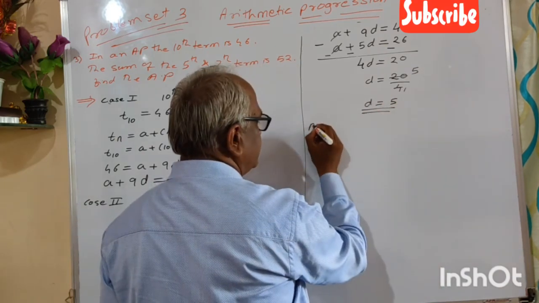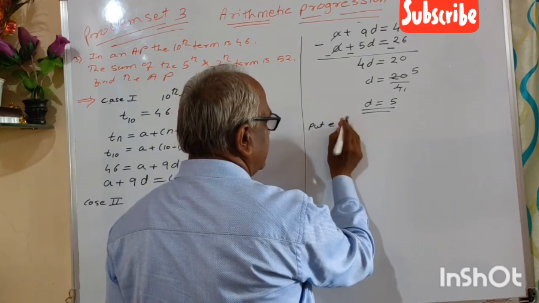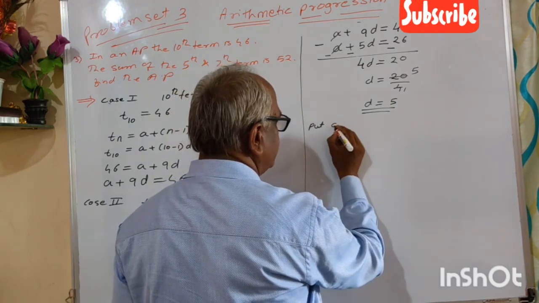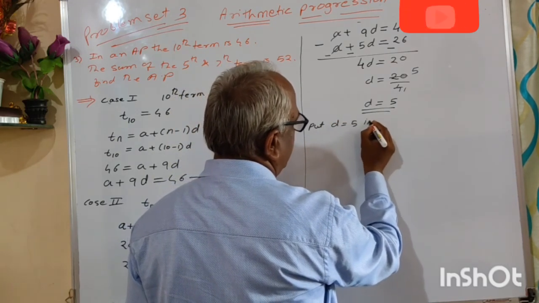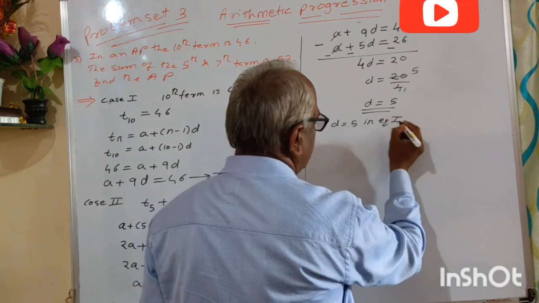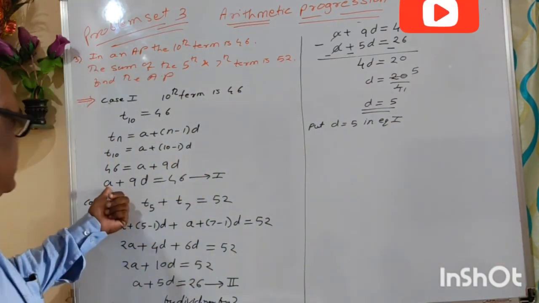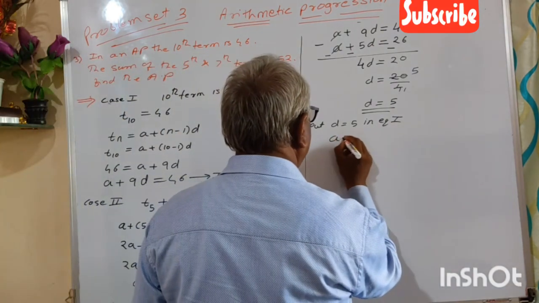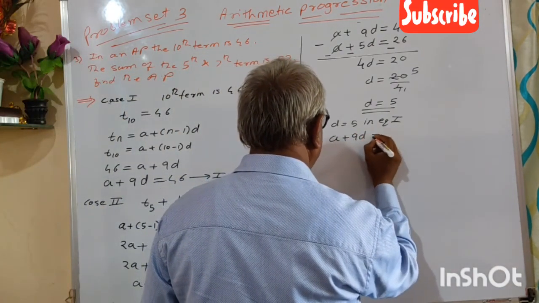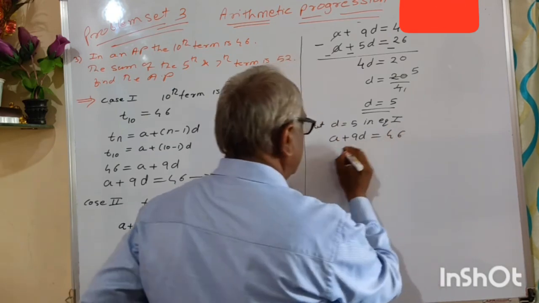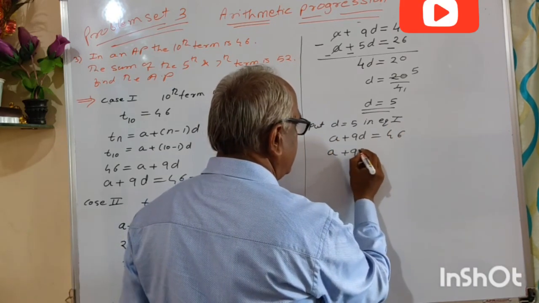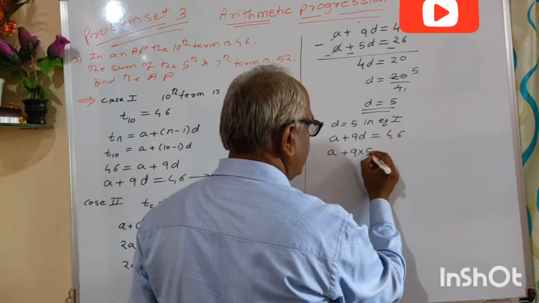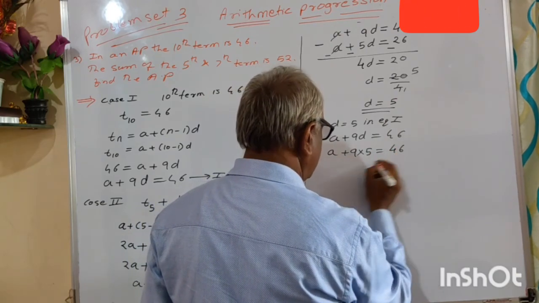Now put d is equal to 5 in equation 1. Equation 1 is a plus 9d is equal to 46. A plus 9 into 5 is equal to 46.